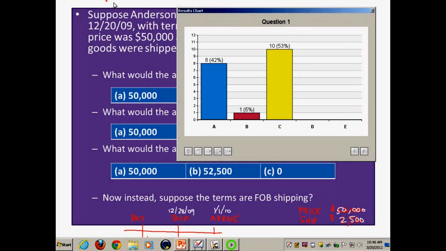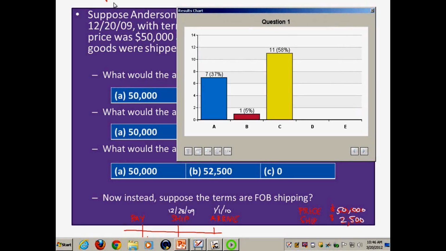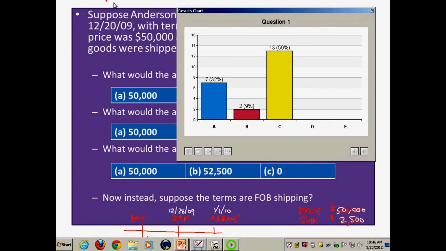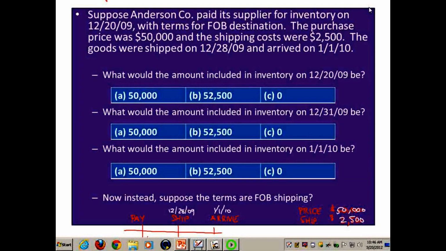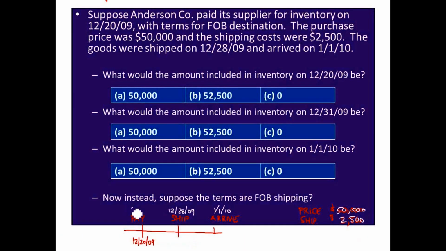All right, so we've got some debate here. Is it $50,000 or is it, nobody thinks it should be 52? Oh, wait, all right, I'm giving you some more time. Anyone else want to weigh in? Okay, so we're looking at what do they do on 12/20/09.